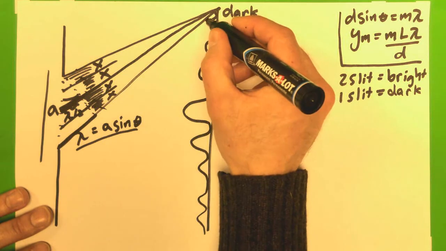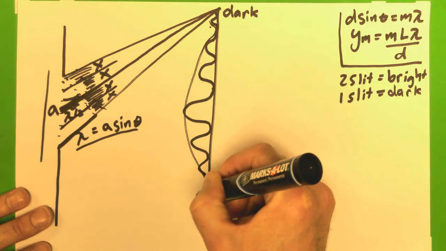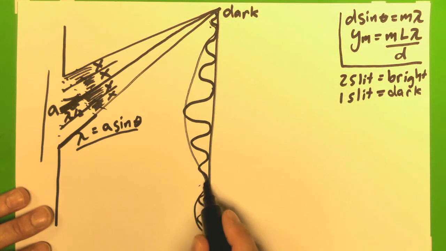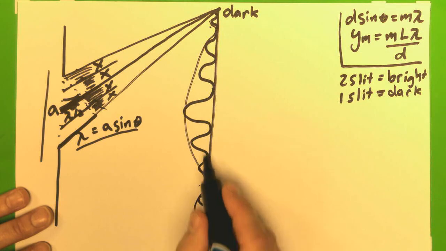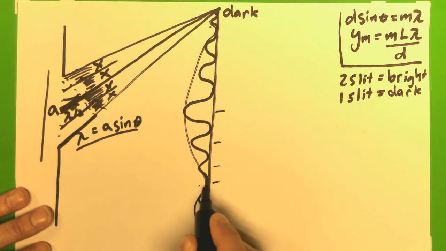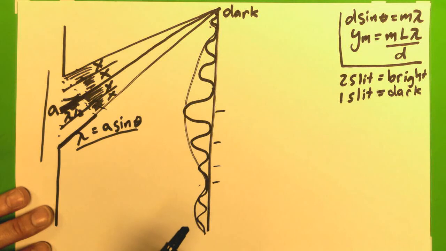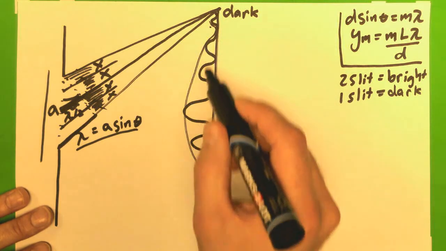In this case, I have drawn these such that the single slit effect reaches its first zero at the fourth bright spot for double slit, and we'll do some math a little bit later for an example there.